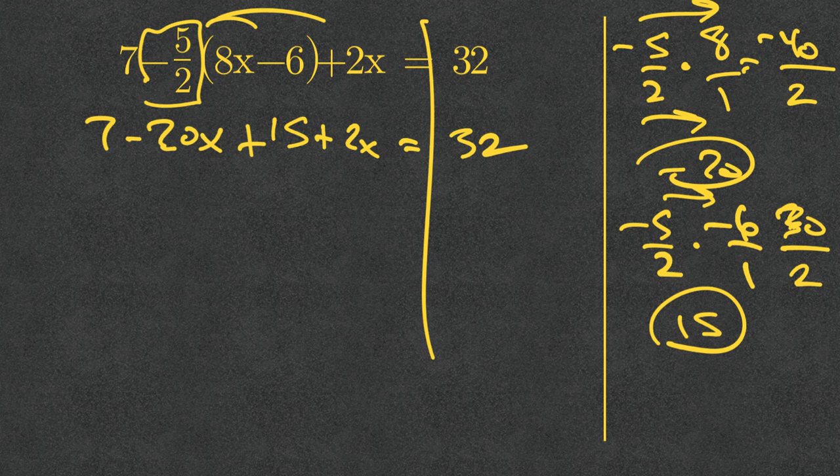Okay. All right, so take a look. You're not writing this down. Very good. 7 minus 20x.